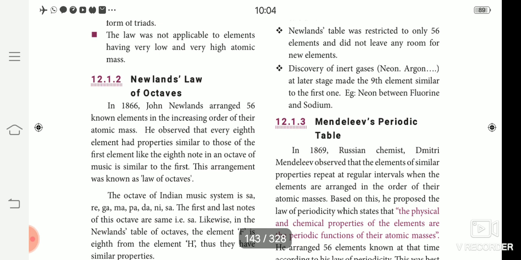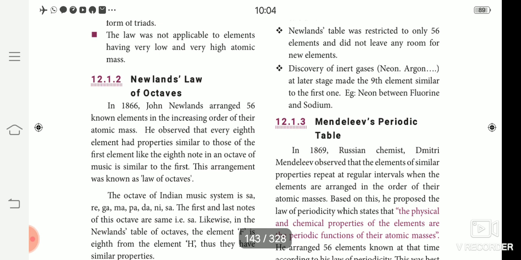Scientists continued working to find a way to classify these elements so that our study could be easier.